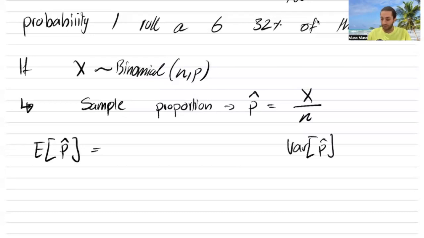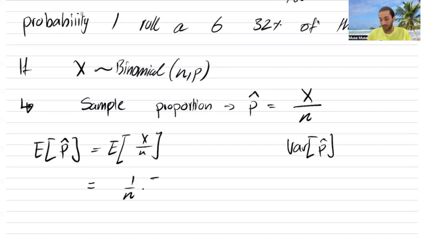So the expected value of p hat, well, p hat is given as X on n. So it's given as the expected value of X over n. Now, one of the rules that you have to know with this stuff, and it was in year 11, is that you can actually take that constant out. It's that 1 on n.